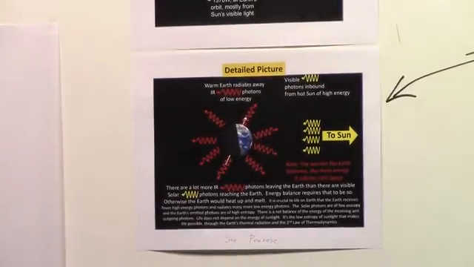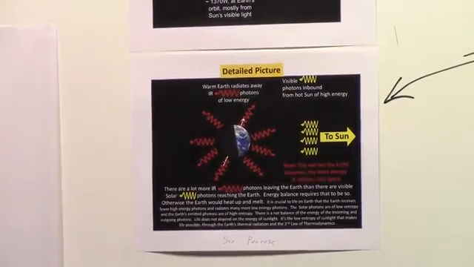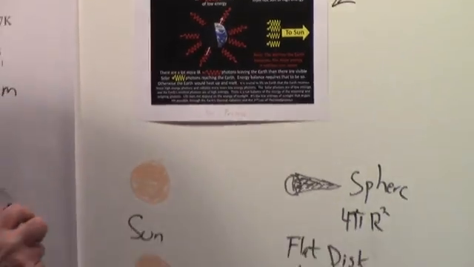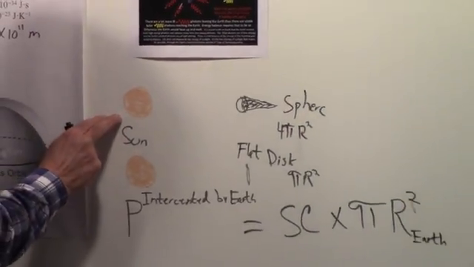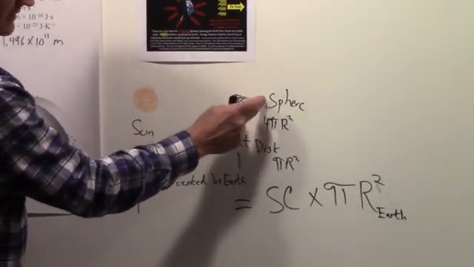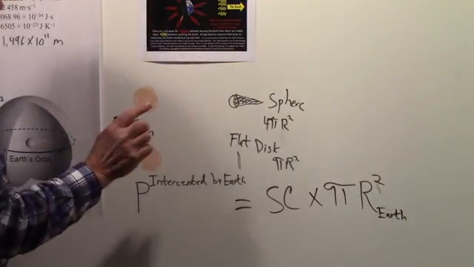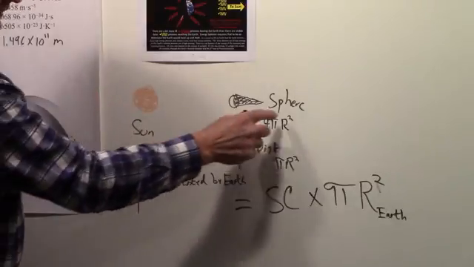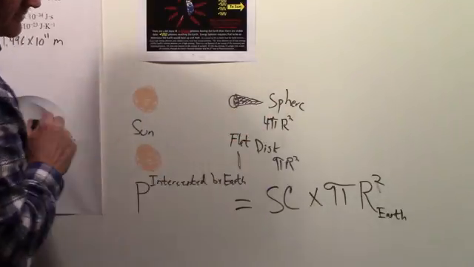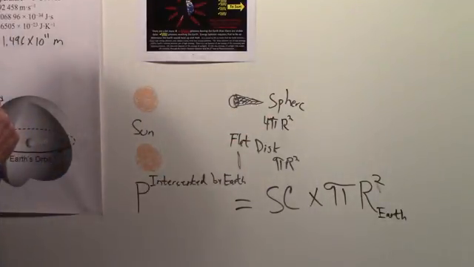Okay, so now getting back to the solar constant, we're going to show the sun here, and here's the earth, and you can see the earth's shadow here. It looks kind of like an ice cream cone. So we have the spherical earth, and its surface area is 4 pi r squared.